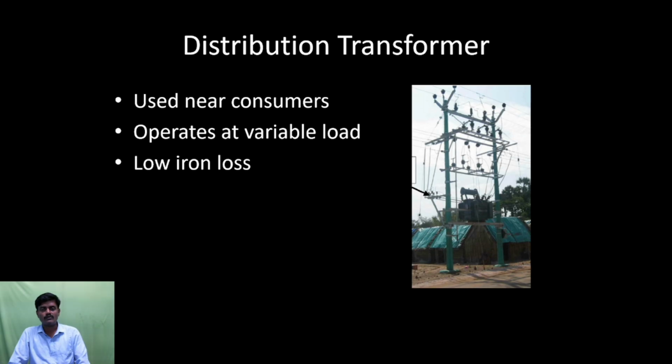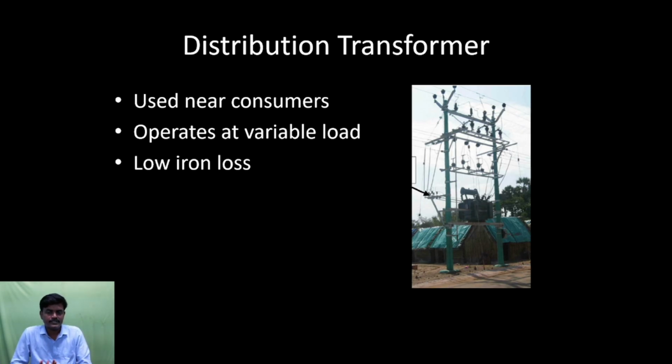At the consumer level, we cannot use the 11 kV directly. We have to convert to the 440 volt 3 phase AC supply. For that we are using the distribution transformer. So this is used near the consumers and operates under variable load.